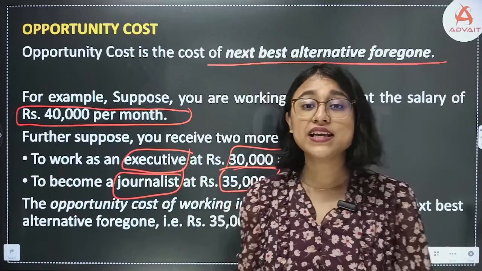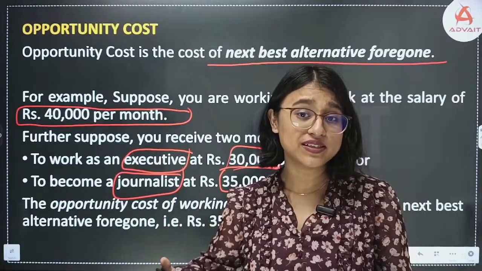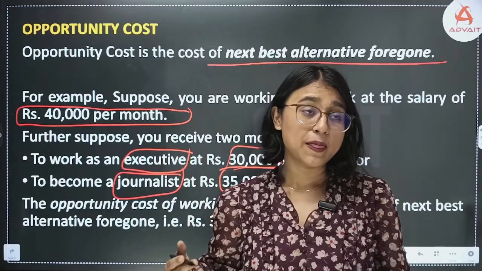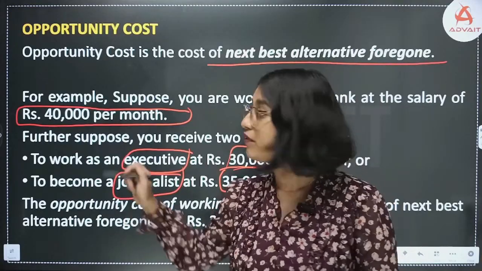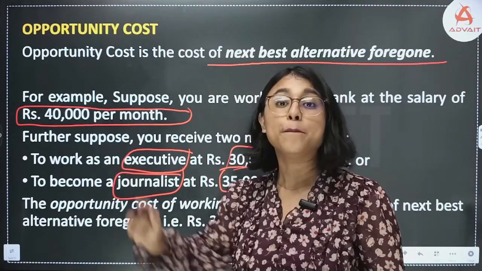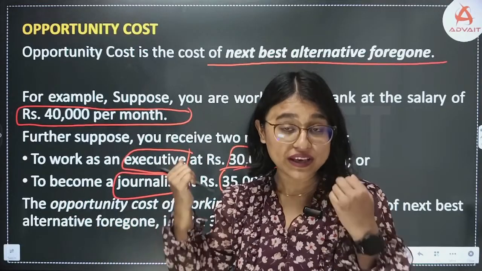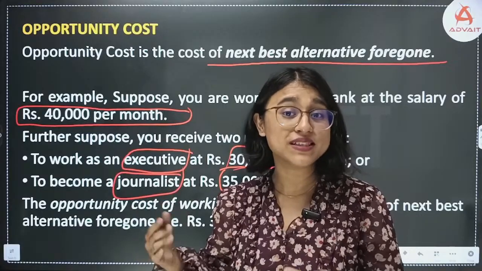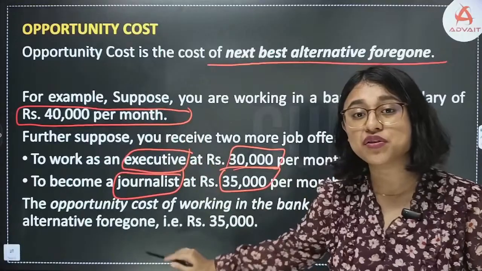But what has happened? When I am choosing to work in a bank, I am also sacrificing the options available to me. There were two options available to me, but the best option that I am giving up, the best option that I am sacrificing, is the opportunity cost. So what is the next best alternative to 40,000?